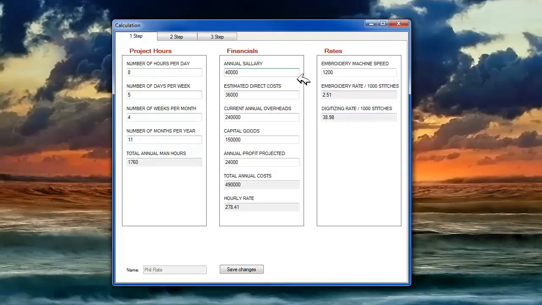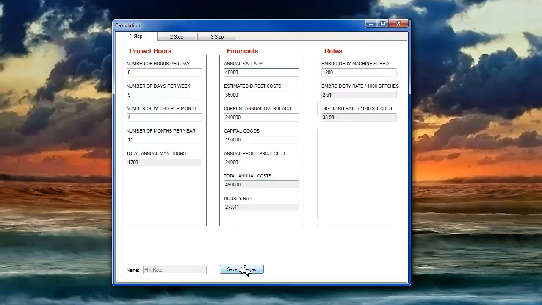I'm not sure for the States, but there in most cases we'll take some of the notes off, except for the embroidery speed, and that will change your rates on that side as well. So I'm going to save this now and say save my rate.